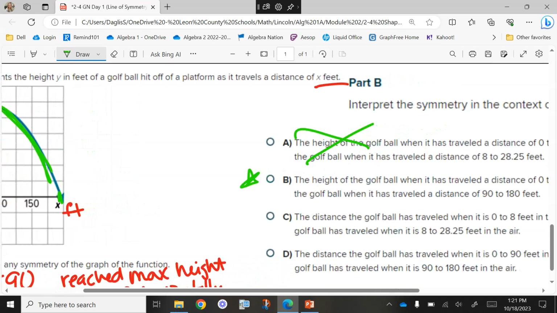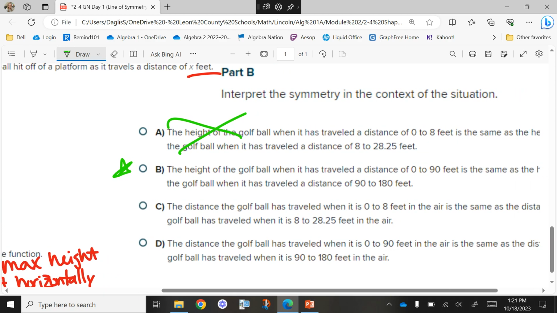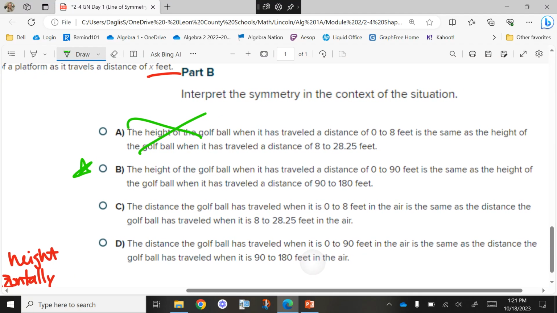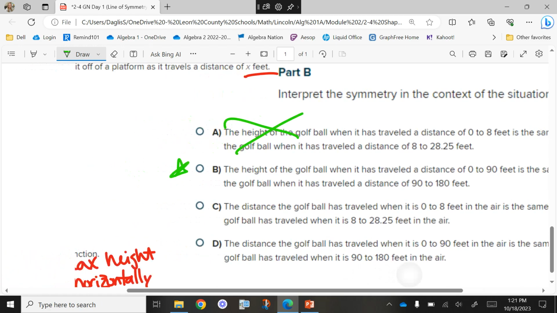But let's just make sure. The distance of the golf ball when it has traveled 0 to 8 feet in the air is the same as the distance the golf ball has traveled when it is 8 to 28.25 feet in the air. Okay, so now it's saying that the x's match those y's.